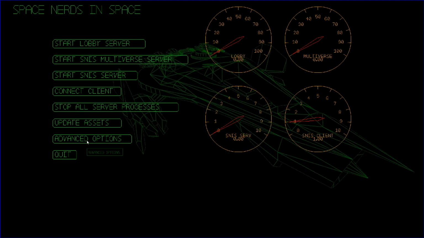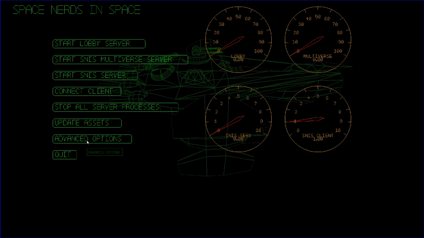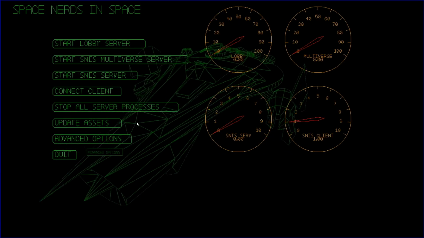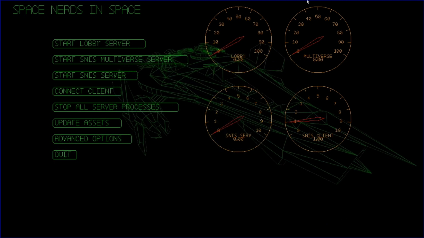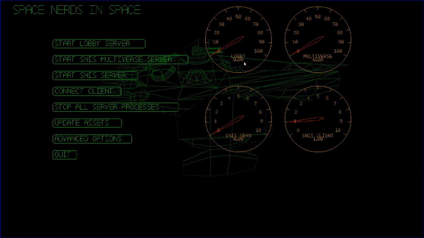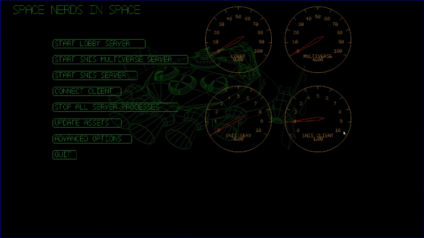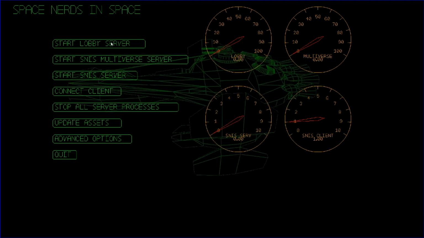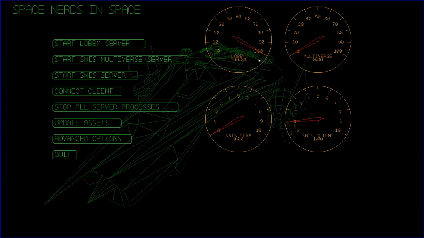And then advanced options, this just gets you the good old SNIS launcher script. And I also have these gauges, which monitor what processes are running. Right now we just have SNIS client, everything else is 0. If I start the lobby server, this gauge goes to 100.